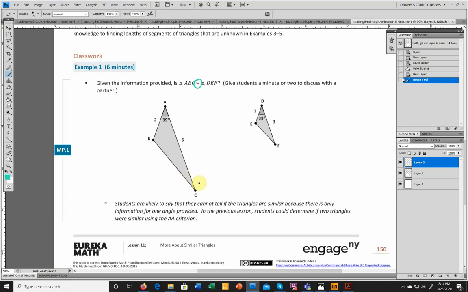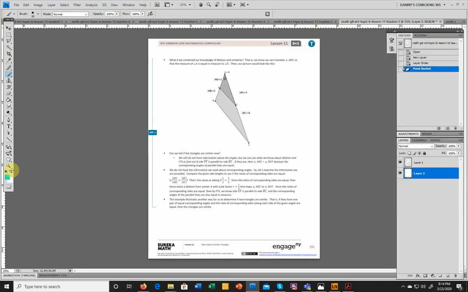In the previous lesson, you could determine if two triangles were similar because of the AA criterion. Remember, we said that if two angles are the same, your ultimate angles are going to add up to 180. So if you know two angles, you can find out the last angle. Okay, so let's go ahead and see what else they say about that.